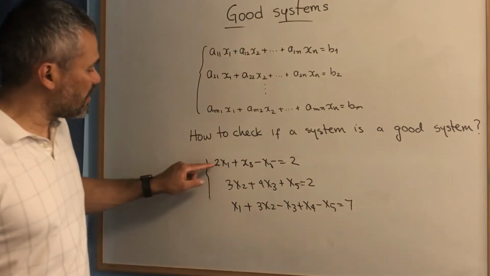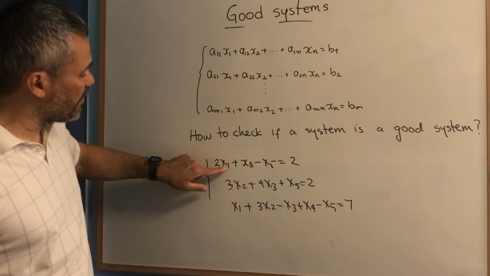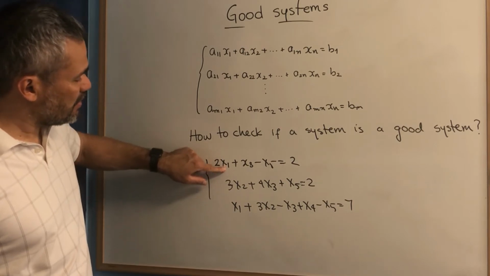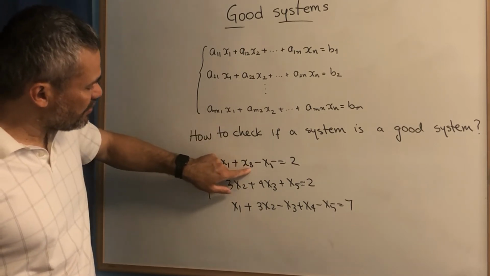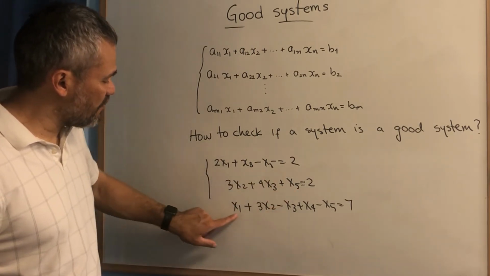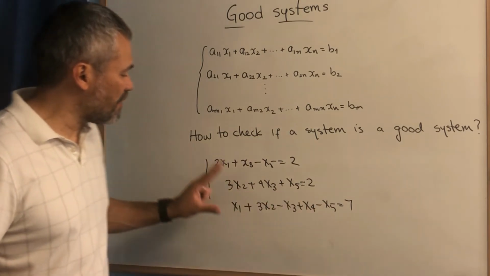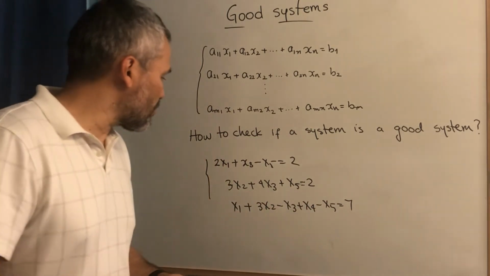Then we have to check that in each equation, the variables show up in increasing order, like x1 is smaller than 3, is smaller than 5; 2 is smaller than 3, is smaller than 5; 1 is smaller than 2, smaller than 3, smaller than 4, and smaller than 5. They must show up in increasing order.